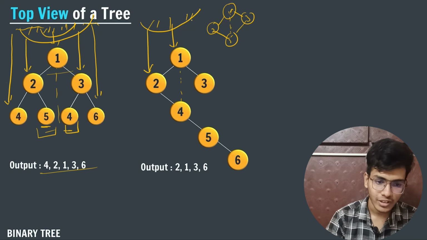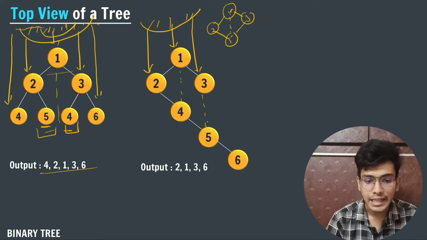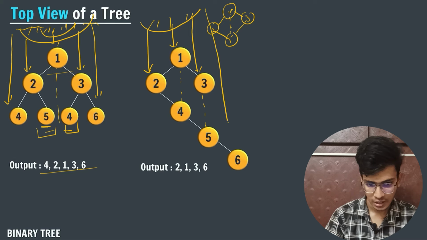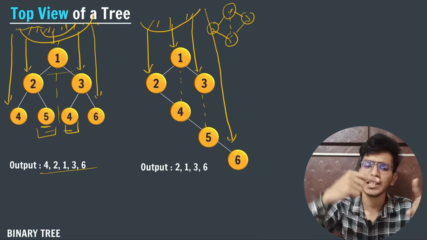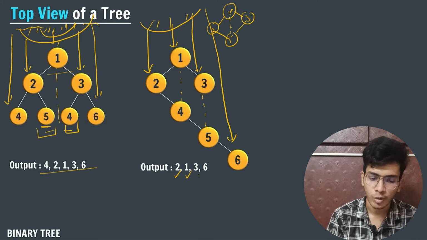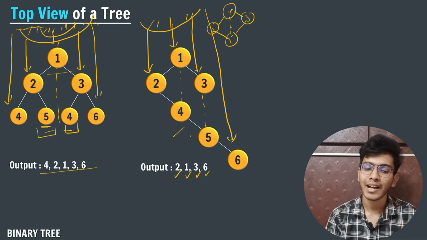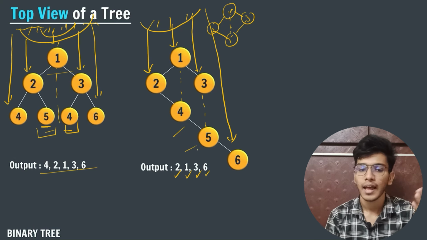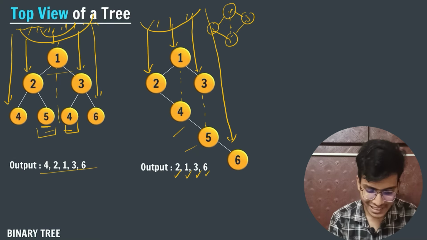After that I can see node 3, and because of 3 I can't see node 5, right? After that I can see node 6. So if I see from the top, I can only see node 2, node 1, node 3 and node 6, and I can't see the values 4 and 5 because 4 is covered by 1 and 5 is covered by 3. So I hope you have understood the overall asking of the question.